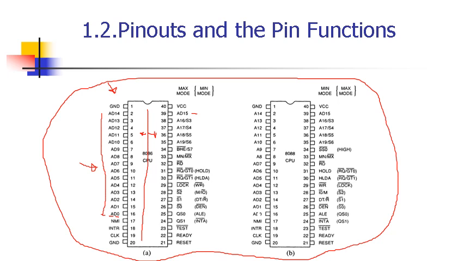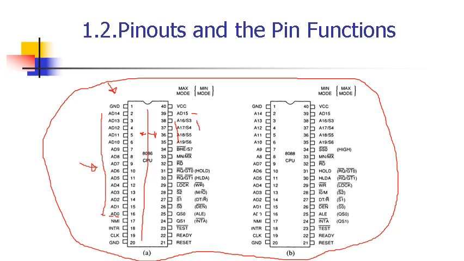Okay, and then the rest of your address pins, A16 to A19, are placed in pin 38 to pin 35, from 35 to 38, and they are again multiplexed with some status pins.